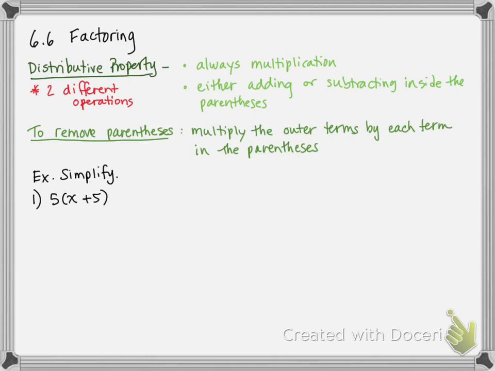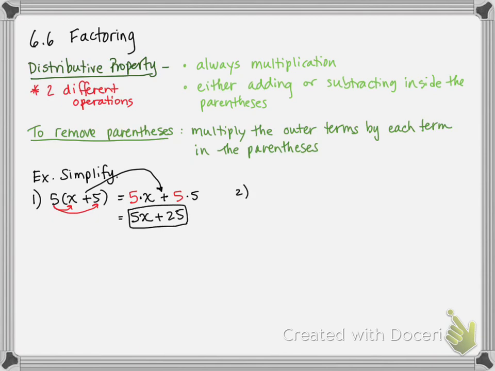So when we distribute, we're going to distribute that 5 to each term one at a time. So we're going to be multiplying each of the inside terms by 5. So we have 5 times the x, and then it says plus, and then we're going to multiply the 5 by the 5. And when we simplify that out, 5 times x is just 5x, and 5 times 5 is 25.